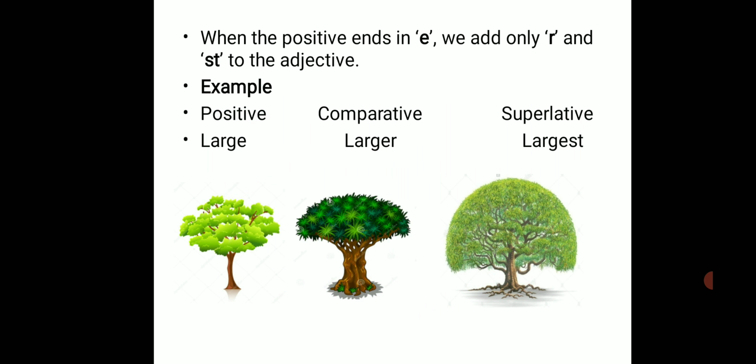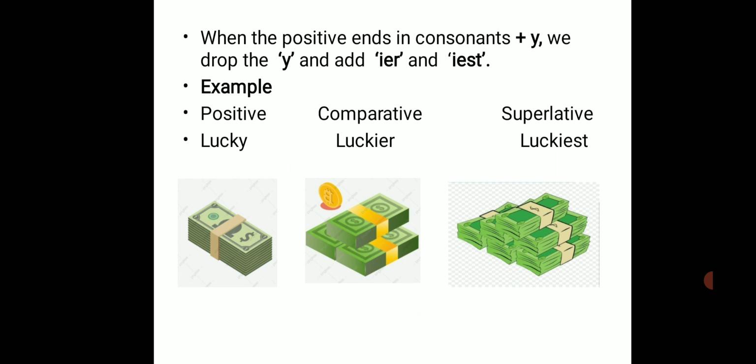We cannot alter all the words in this way to change them into comparative and superlative. Rather, we have to understand the forms of adjectives. So this is another regular example: large, larger. The word takes er in comparative degree and est in superlative degree. Lucky, luckier, luckiest. Slight changes in word formation here.